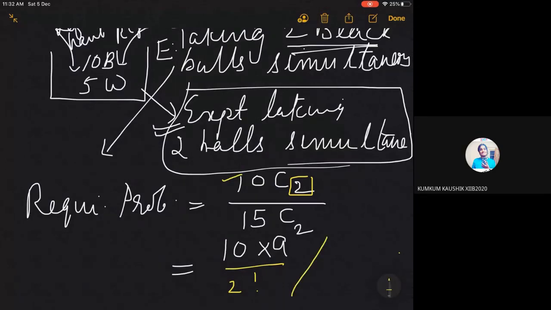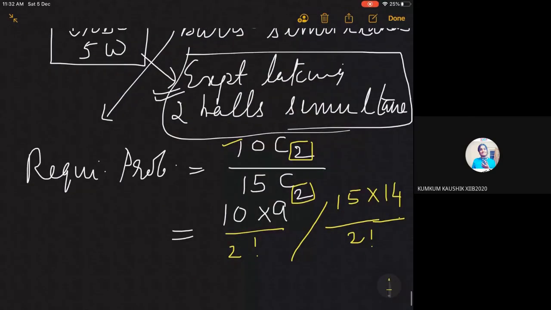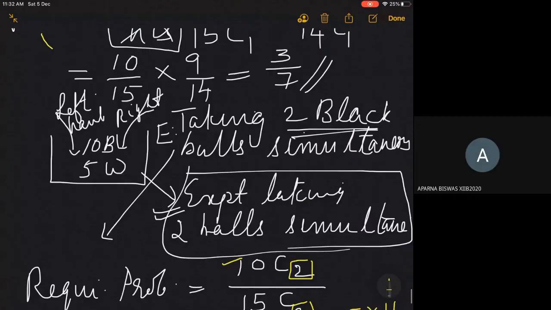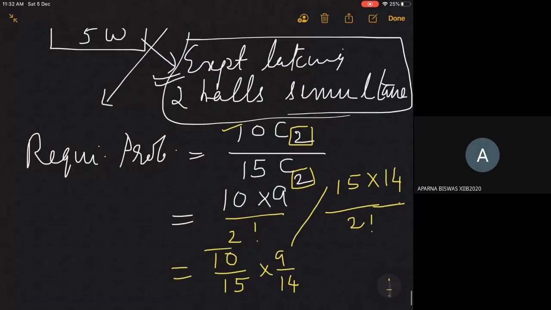That is 10 into 9 by 2 factorial, divided by 15C2, which is also C2. That means 2 factors counting down from 15 you have to consider: 15 into 14 by 2 factorial. So ultimately what you are getting is 10 by 15 into 9 by 14. Both are same. You can see here 10 by 15 into 9 by 14.